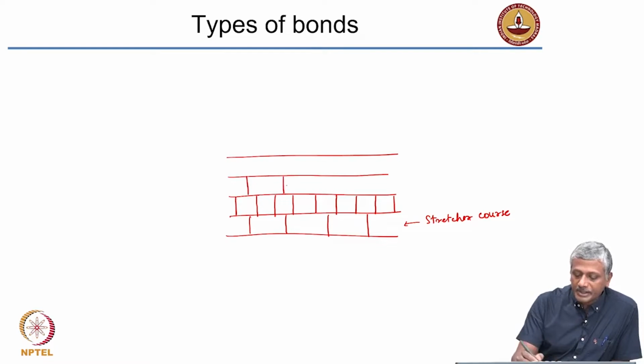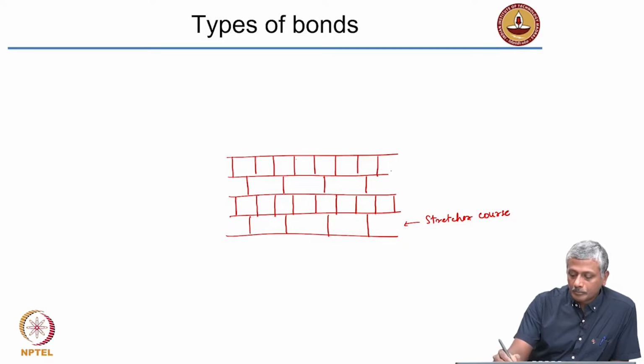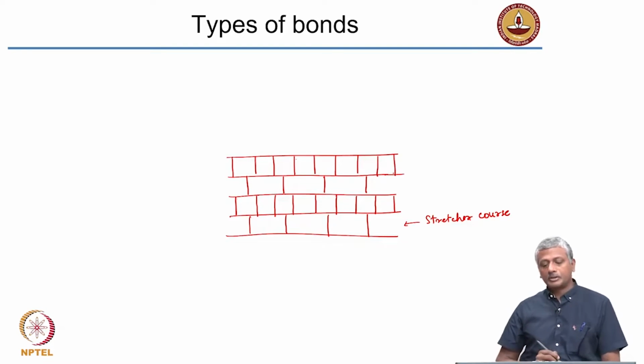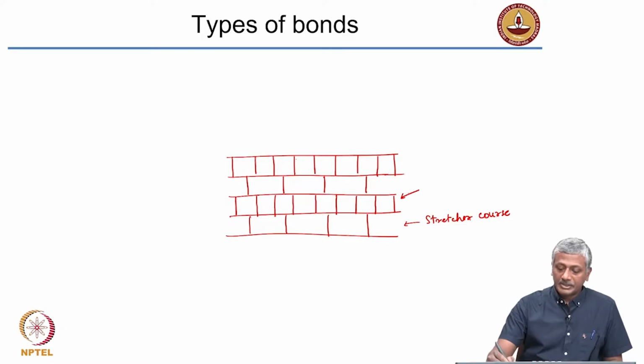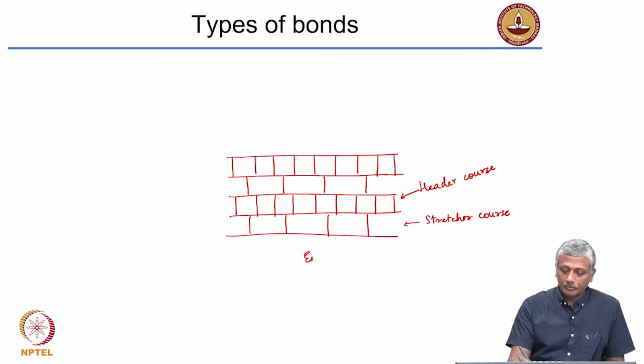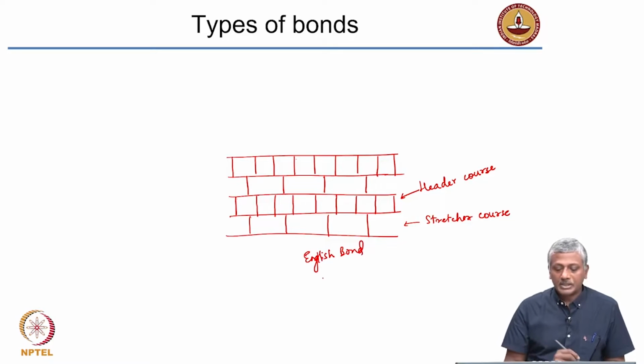Then the third layer becomes again a stretcher course, and the fourth layer again becomes a header course. Okay, so that's a header course. So this arrangement is called an English bonded wall. That's an English bonded wall.